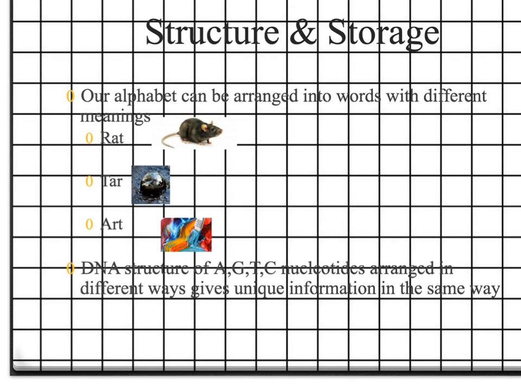We're working with adenine, guanine, thymine, and cytosine, so 4 different letters or bases, and we can arrange them in different ways to produce different proteins, to produce different enzymes, all of the things that our bodies need. So it's kind of like the alphabet making words.